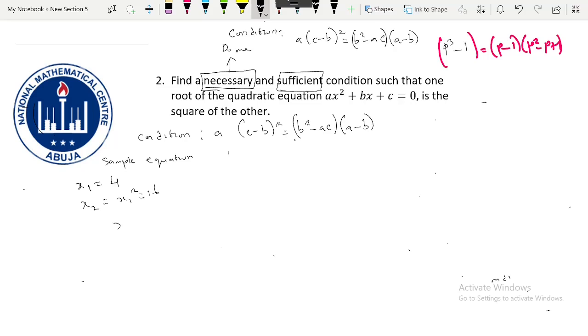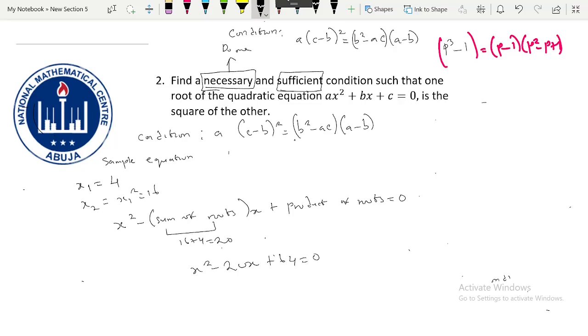So we know from the sum of roots, this is x squared minus, you know this formula, (sum of roots) x plus (product of roots) equals 0, right? The sum of roots here is 16 plus 4, which is 20. So this is something like x squared minus 20x. The product of roots is x1 times x2, which is 64.